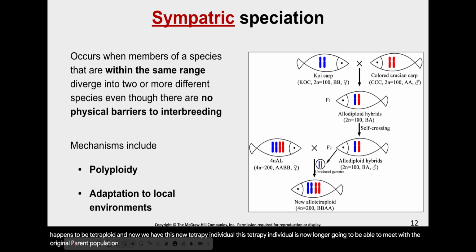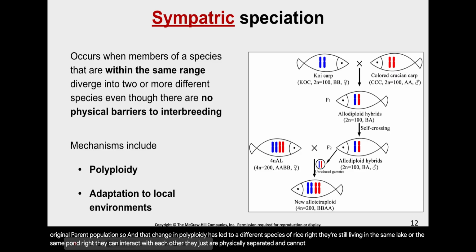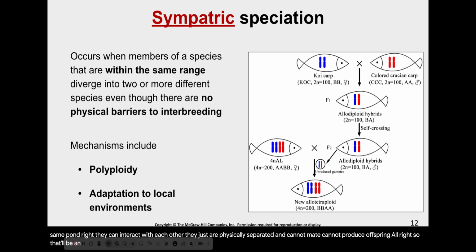So basically it's a change in polyploidy. We've gone from diploid to tetraploid, and that change in polyploidy has led to a different species of carp. They're still living in the same lake or the same pond. They can interact with each other. They just are physically separated and cannot mate, cannot produce offspring. So that would be an example of a genetic cause.